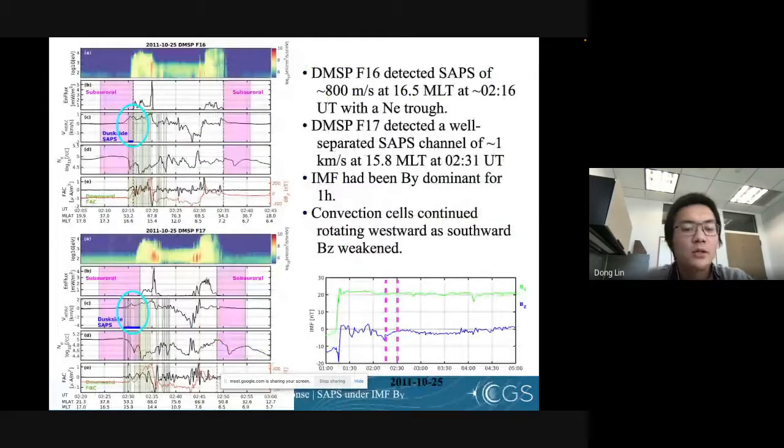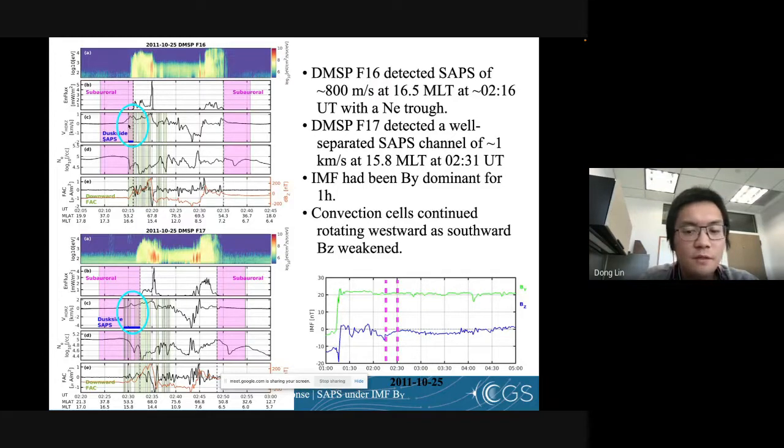So these are two orbits from DMSP F16 and F17. The plotting style is consistent with what I just showed in the second study. But a very interesting feature is that, first, these two satellites were separated by about 15 minutes in UT. F16 detected some SAPS signature here.